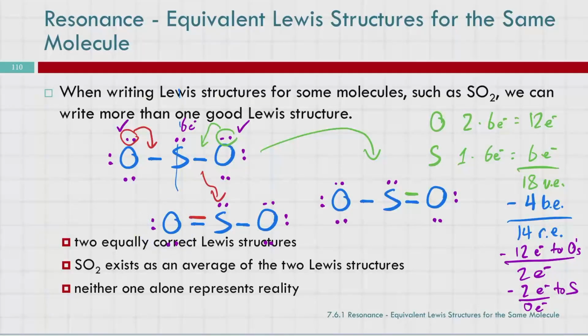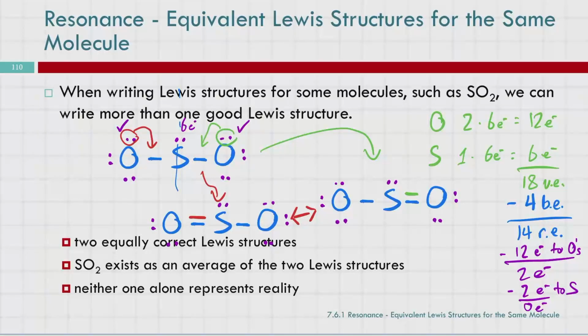So our oxygens didn't lose any electrons. They've still got their octets, but sulfur has gained an additional bond in the form of this red bond or in the form of this green bond. And then to show that they're both possible options, we draw a double-headed arrow between them.